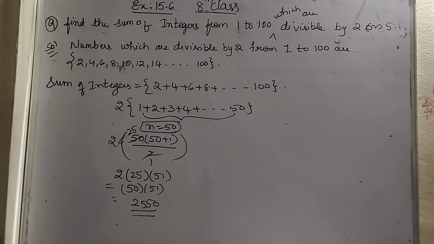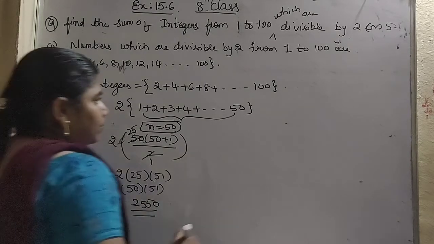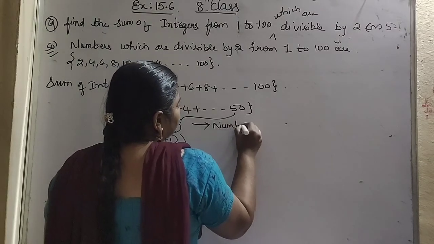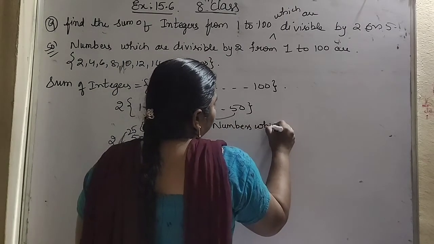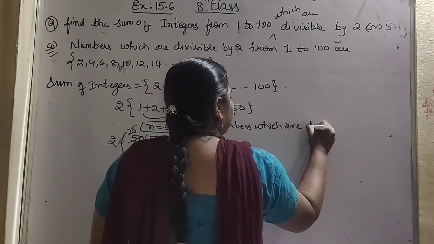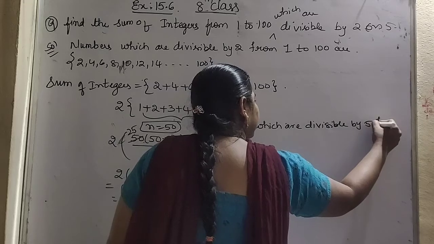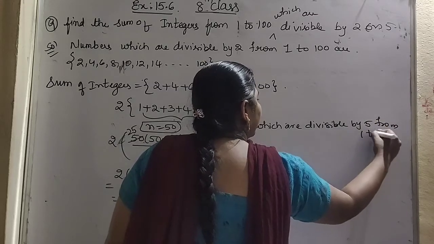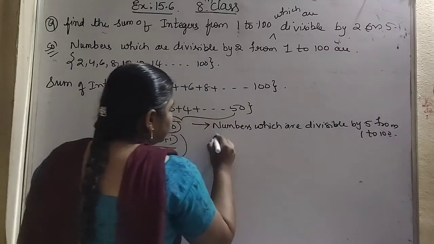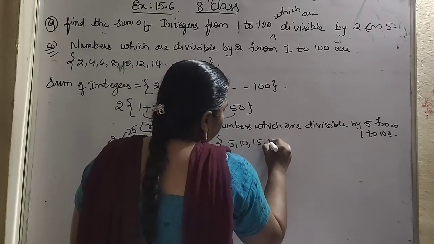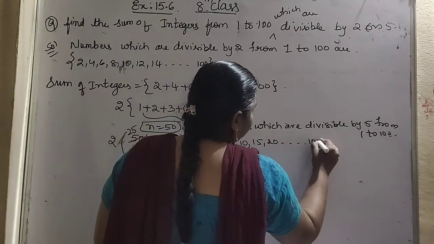Now what we have to find? We have to find the numbers which are divisible by 5 from 1 to 100. So what are the numbers? That will be 5, 10, 15, 20, so on up to 100.